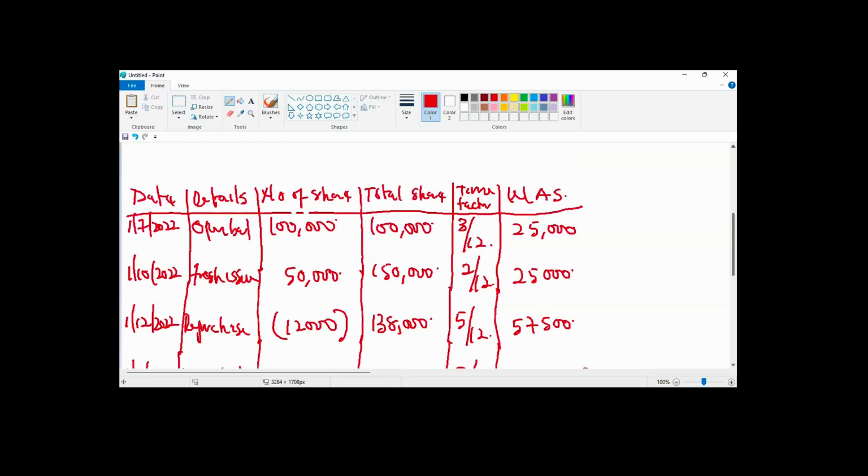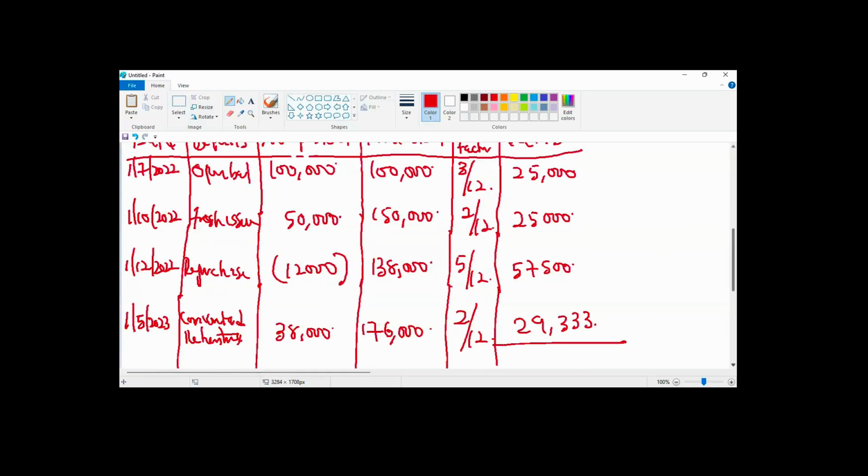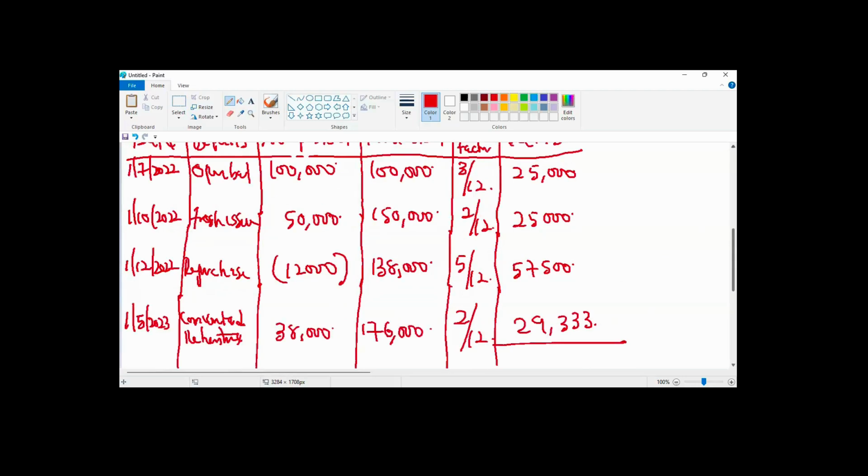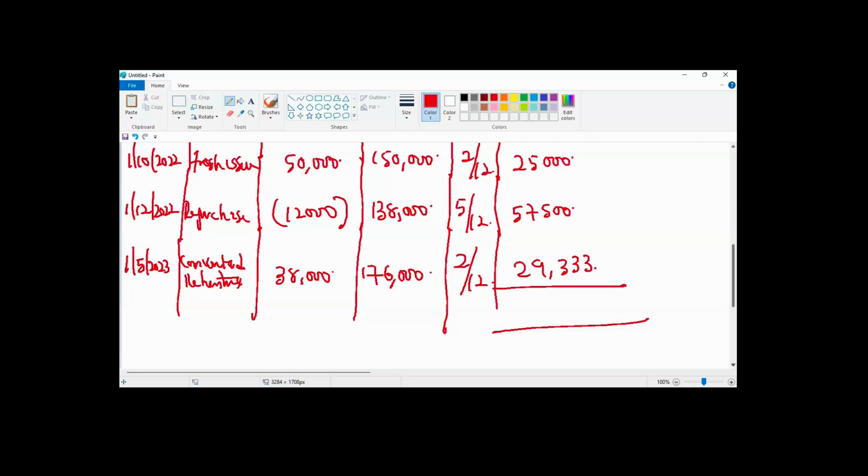I will now sum them together to give me the weighted average: 25,000 plus 25,000 gives 50,000, and the total is 136,833. Yes, that is it.